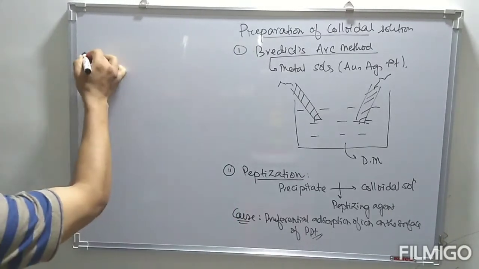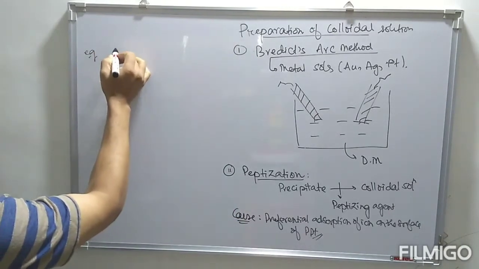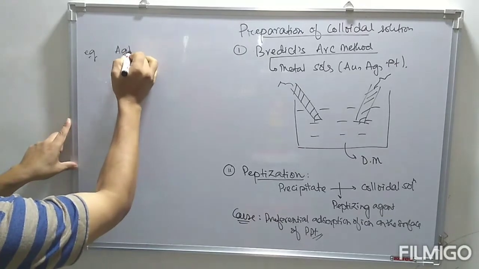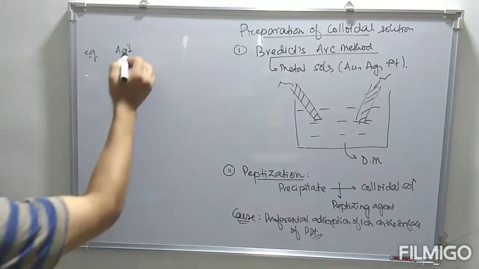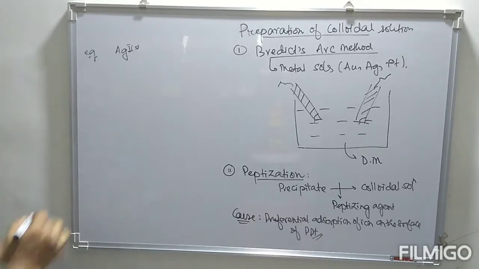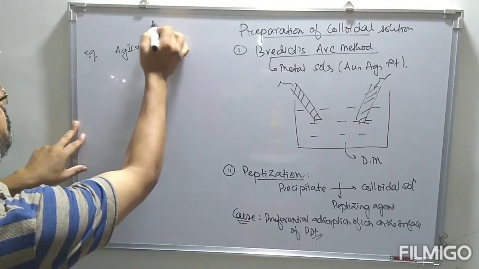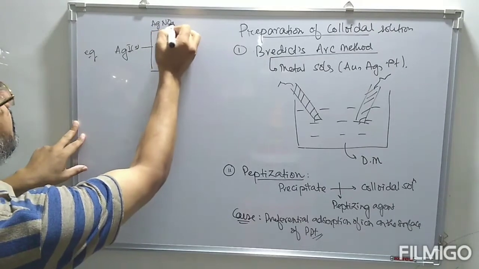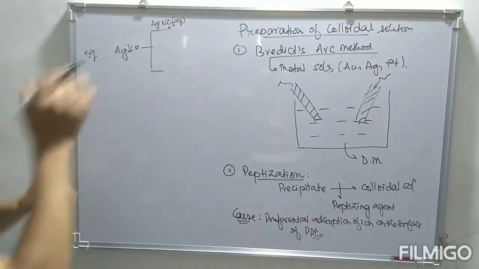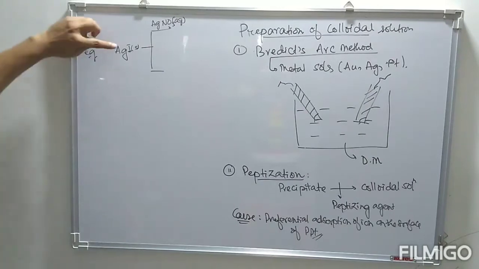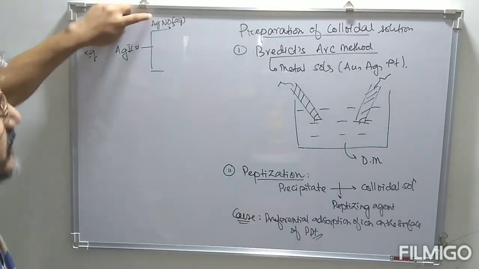Let me give you some examples here. Suppose, look at this, AgI. This is a solid precipitate. Now this AgI is mixed with silver nitrate aqueous solution and shaken. Now look at this, we have Ag common.